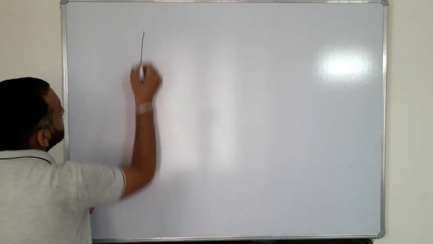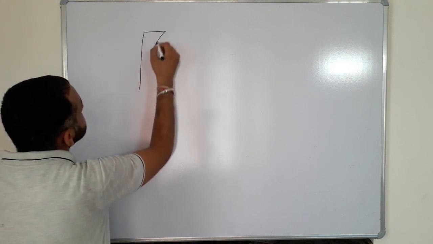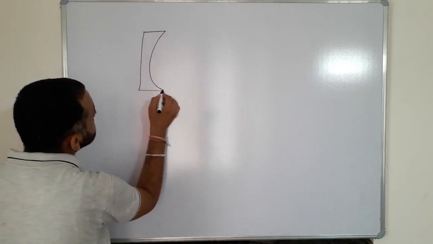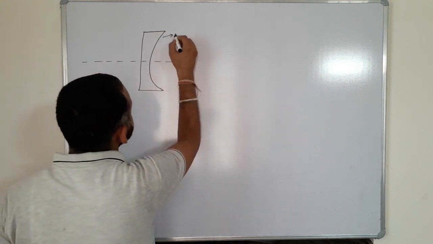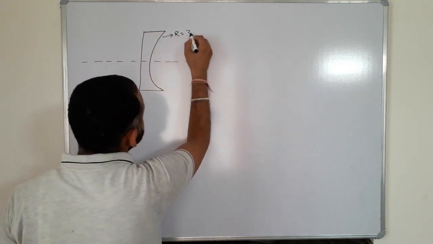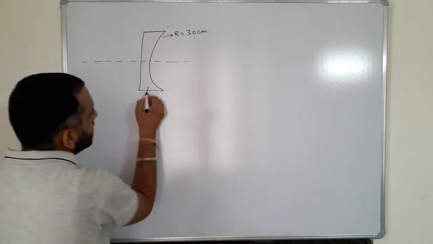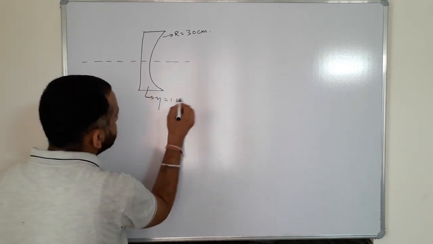Okay, let's move to the next example. Suppose again we have given a lens like this, and this is having a radius of curvature of 30 centimeters. Again refractive index is 1.5.